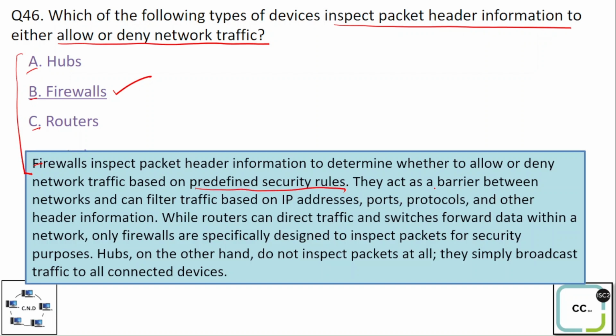They act as a barrier between networks and can filter traffic based on IP addresses, ports, protocols, and other header information. While routers can direct traffic and switches forward data within a network, only firewalls are specifically designed to inspect packets for security purposes. Hubs, on the other hand, do not inspect packets at all. They simply broadcast traffic to all connected devices.